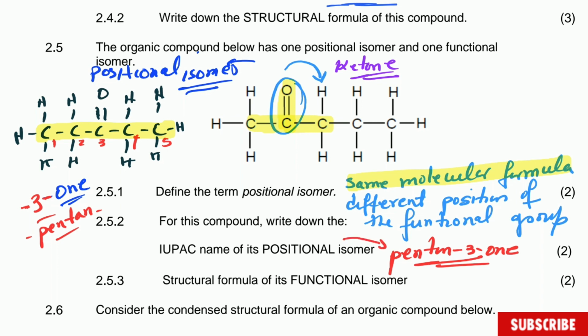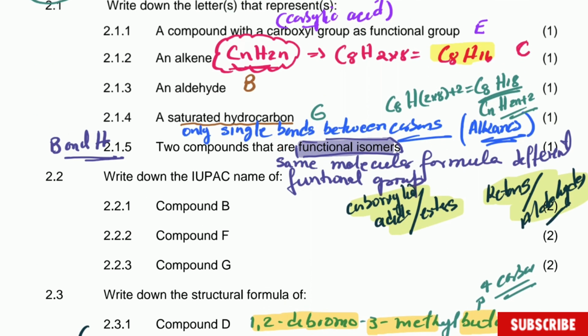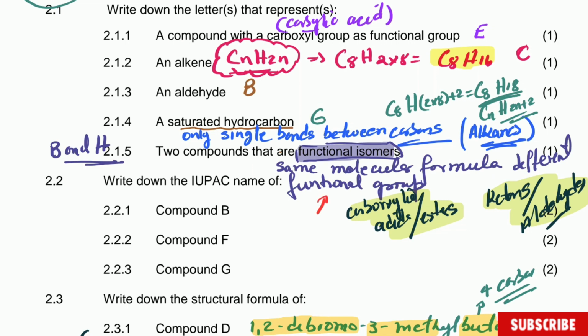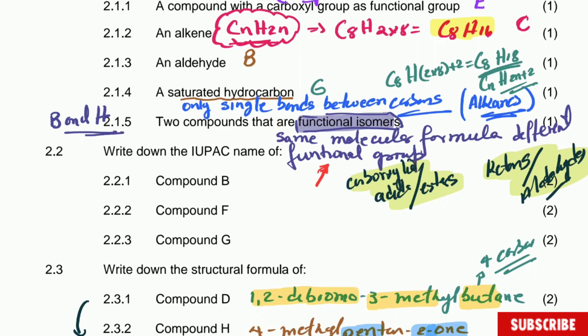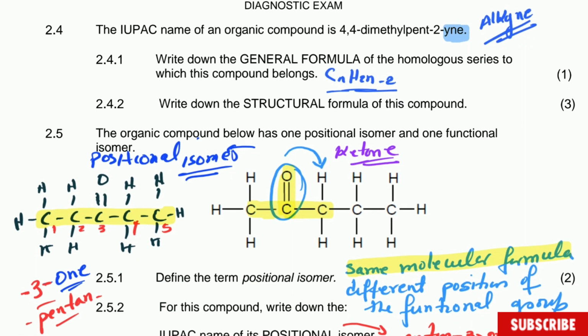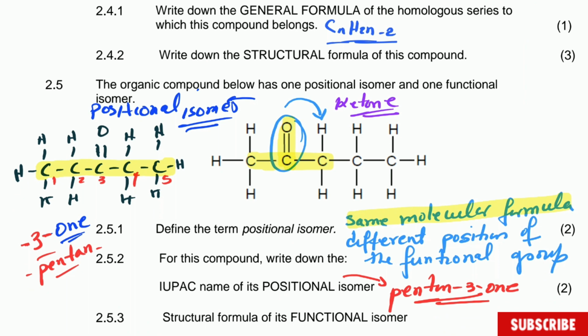Structural formula of its functional isomer. Now remember, at the beginning of this question we mentioned that the functional isomer of a ketone must be an aldehyde. Now they want the structural formula of the functional isomer. To make this one an aldehyde, all you have to do is to move the functional group to the end.